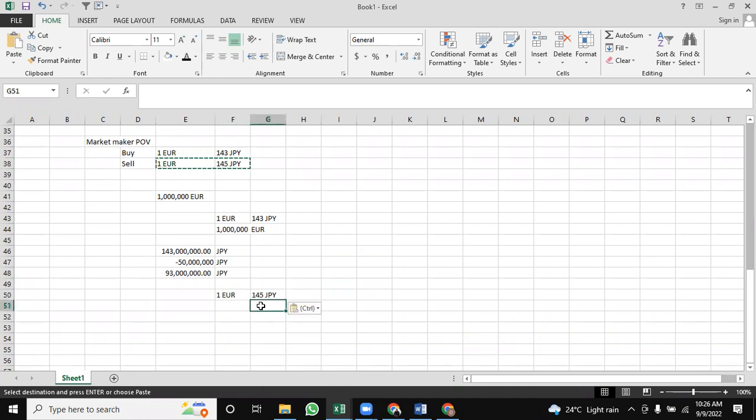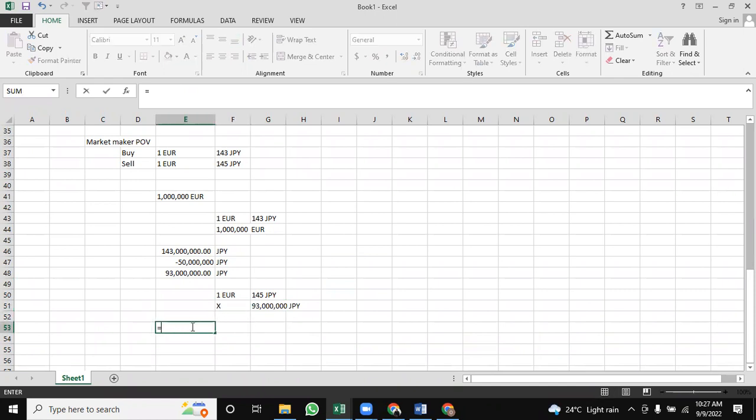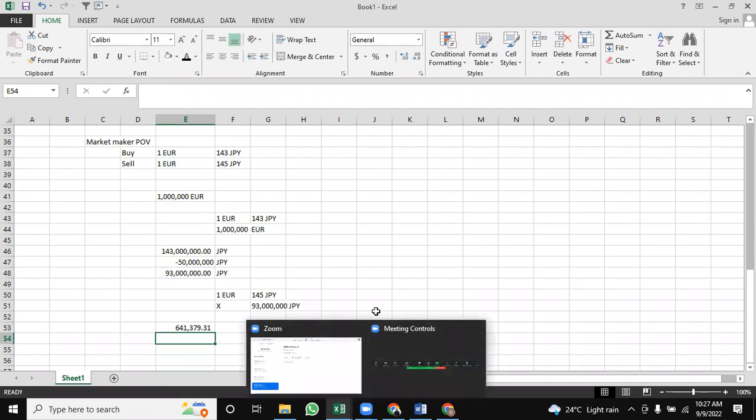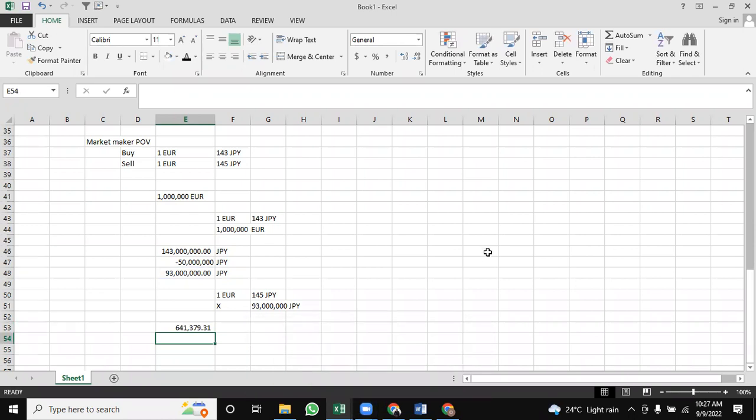So you have 93 million JPY. How much euros are you going to get? Let's cross multiply again. To find X, it's going to be division now. It's going to be this divided by 145. Is this clear now? Yes, ma'am.